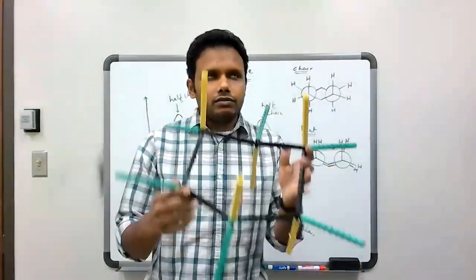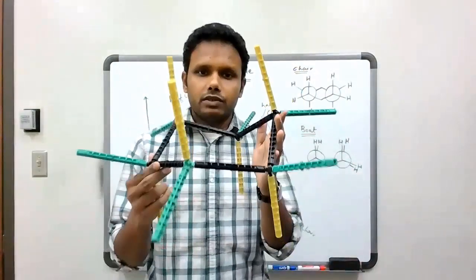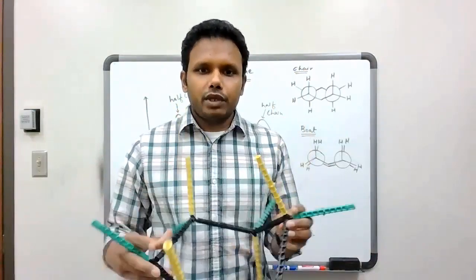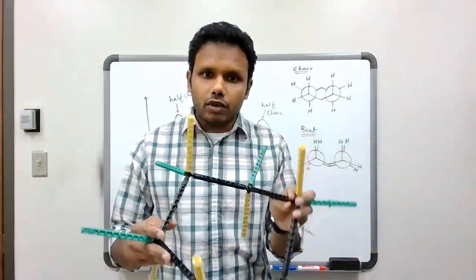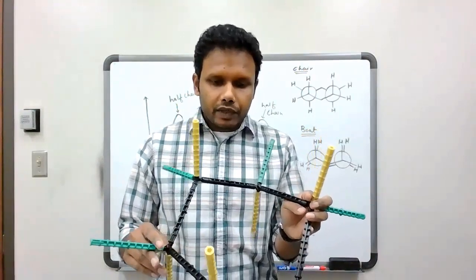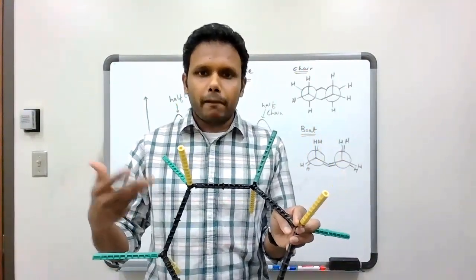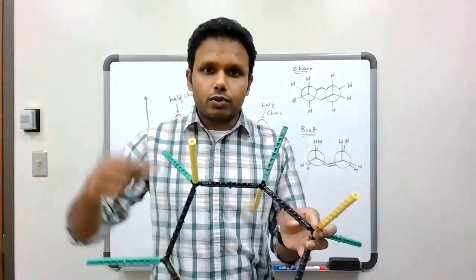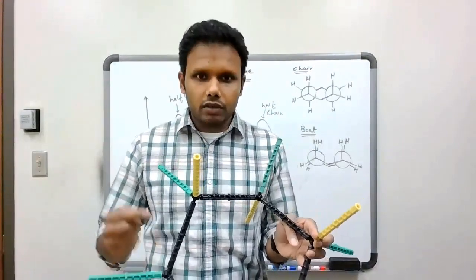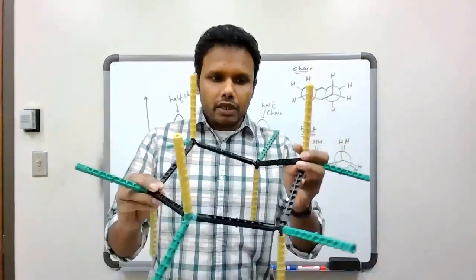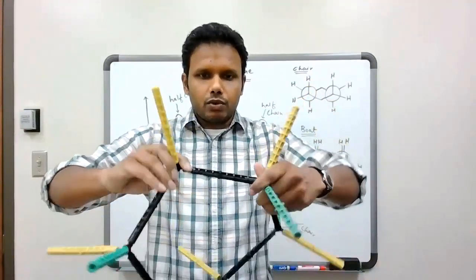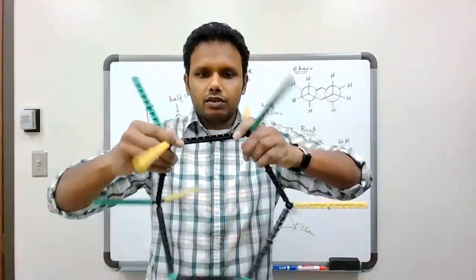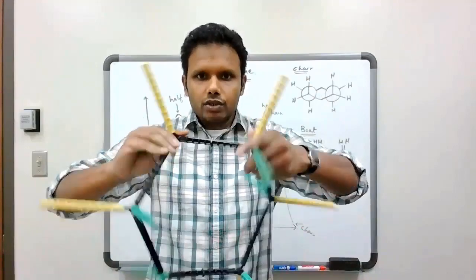Now, the chair conformation is the most stable conformation, but there are other conformations that a cyclohexane molecule can adopt. Unlike chain hydrocarbons, where conformations are obtained by rotations about a carbon-carbon single bond, a ring cannot rotate, because if I try to rotate it about this bond, I'm going to end up breaking the ring. But the ring can twist.